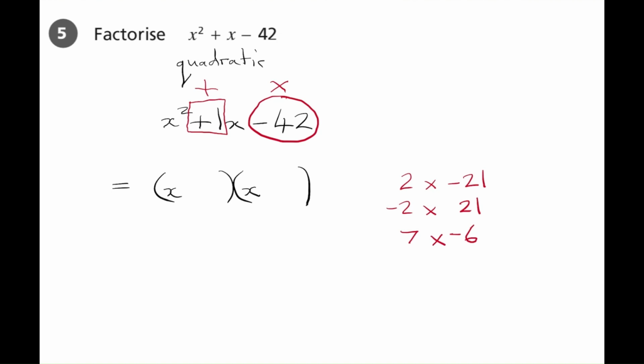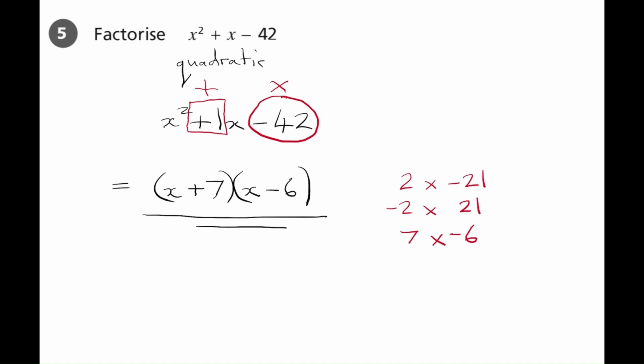If you add these two numbers together, 7 added to minus 6 is 7 take away 6, which is plus 1, which is what we need. So our missing numbers are plus 7 in one of the brackets and minus 6 in the other bracket. So this should be the answer.